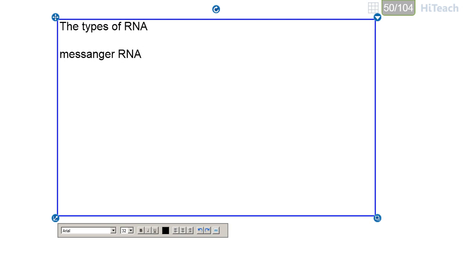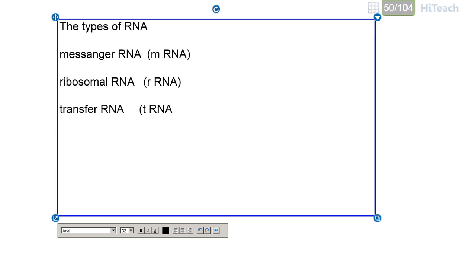The second one is ribosomal RNA, rRNA. And the last one is transfer RNA, tRNA. We will talk about them.